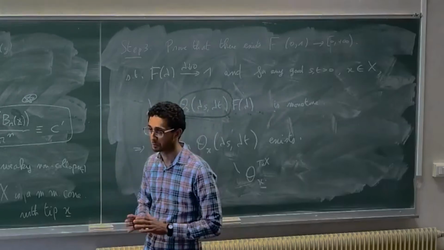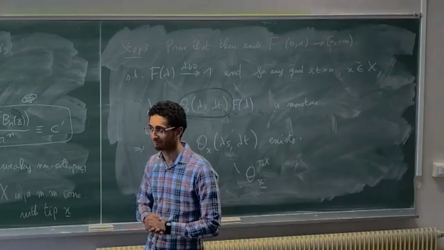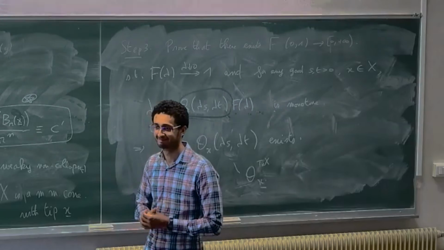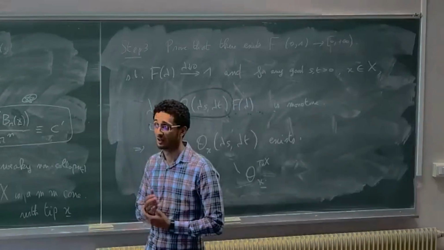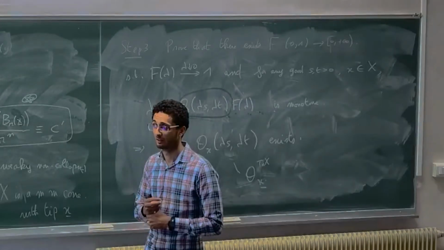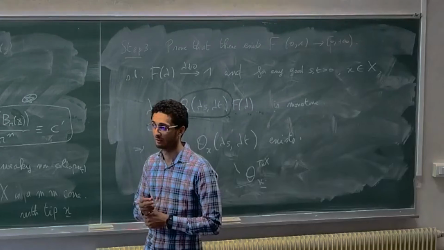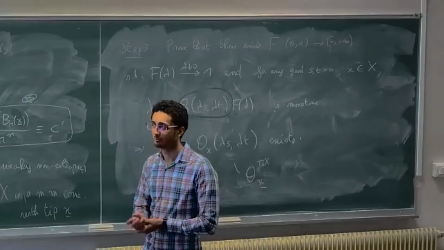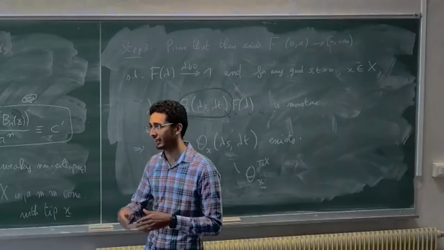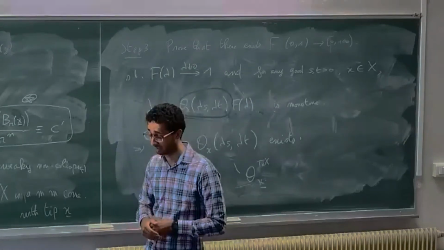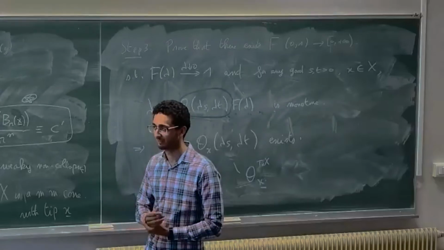Okay, Gilles, your hand is raised. Yeah. So, David, can you say a few words about the statement concerning the codimension of singular sets? So probably what you have in mind is the statement that the singular set has codimension at least 2, right?